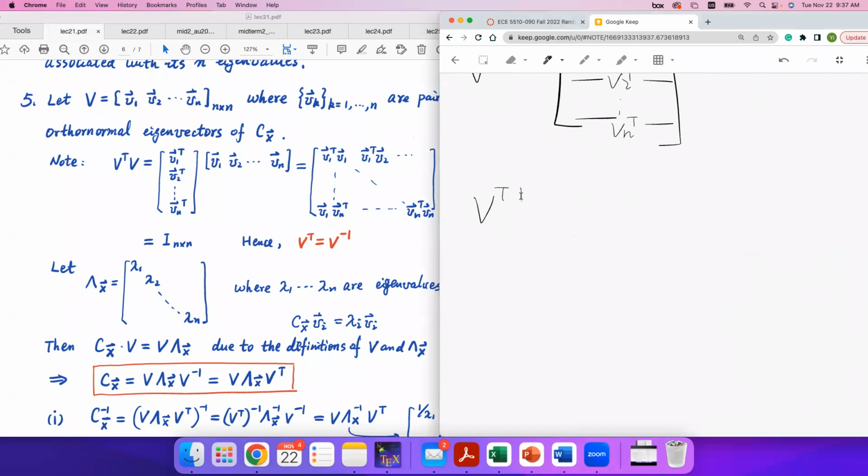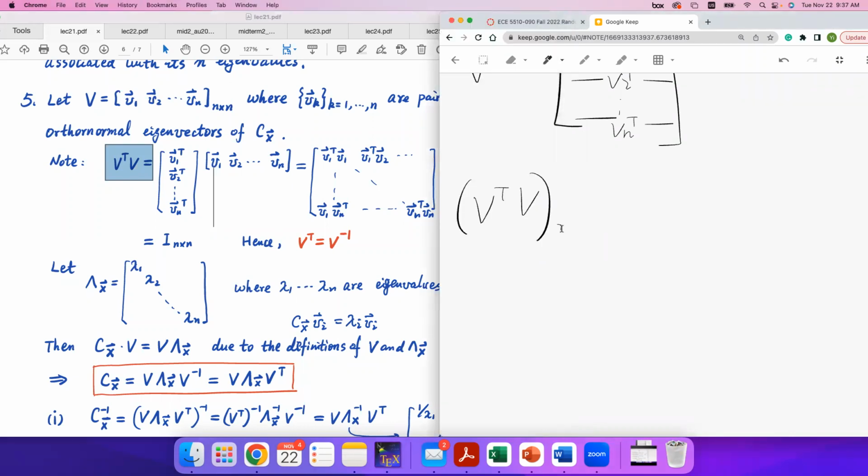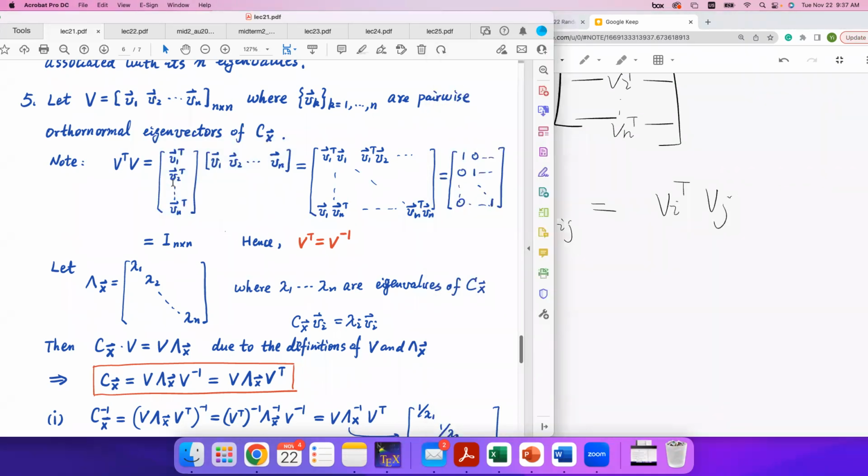So if you look at this big matrix multiplication, the ij entry is given by vi transpose vj. Well, vi transpose comes from the ith row of this column vector, and vj comes from the jth column of this row vector.